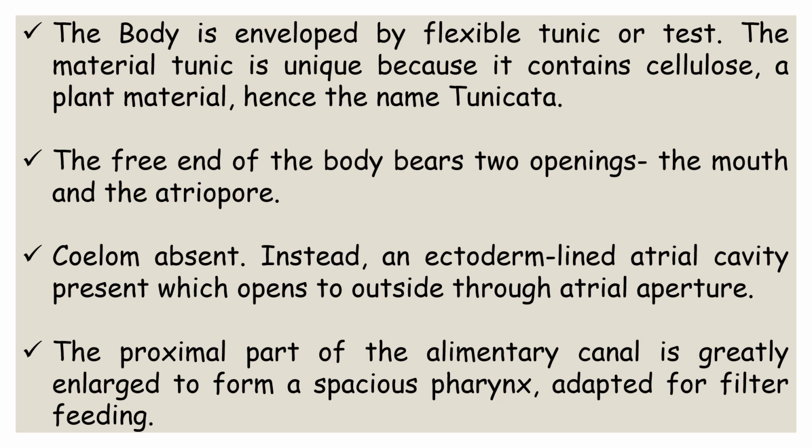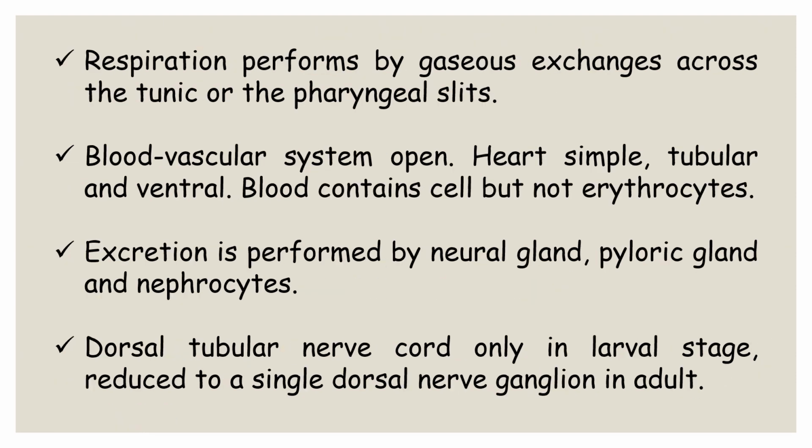The proximal part of the alimentary canal is greatly enlarged to form a very big spacious pharynx, which is adapted for filter feeding. Respiration is performed by gaseous exchange across the tunic, or in some, pharyngeal gill slits are also present.